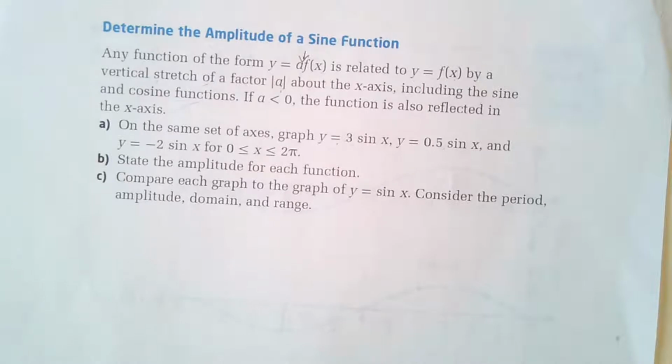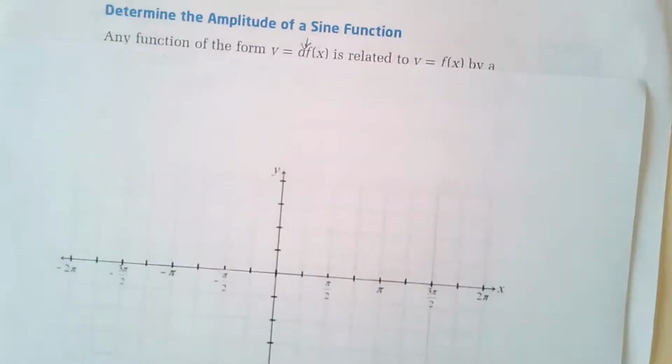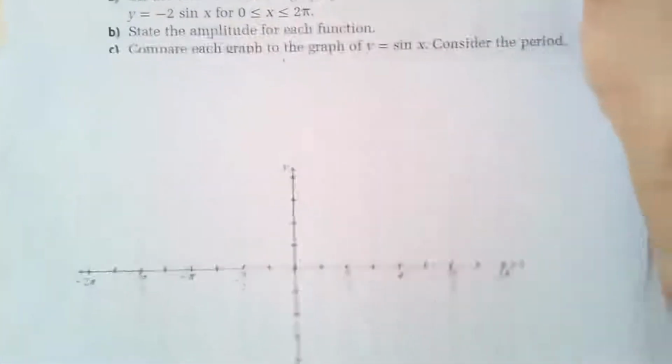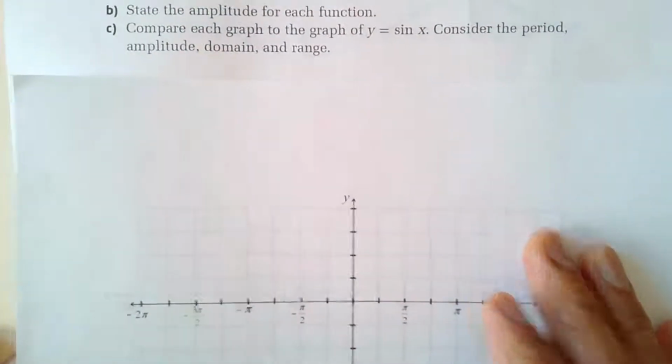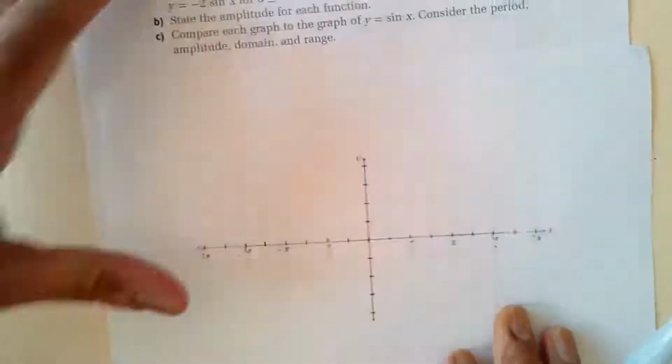Let me look for a graph. Okay, here's my graph paper. So I'll use some graph paper here to graph this function. Let me zoom out a little bit so you can see the question.